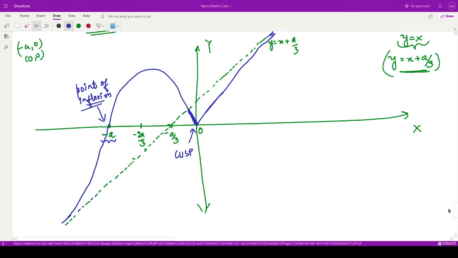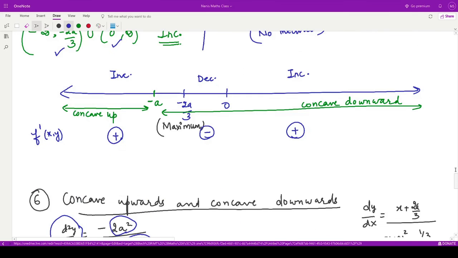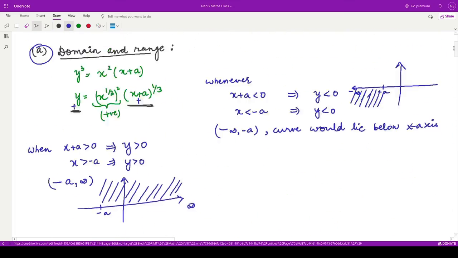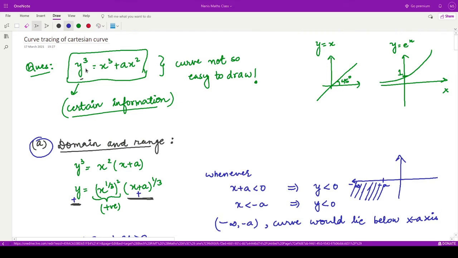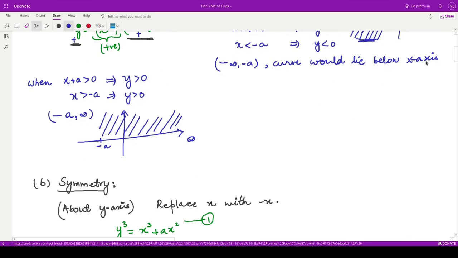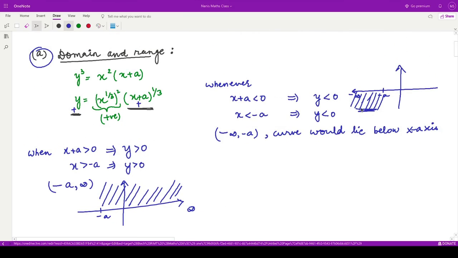So this is how, after getting so much information about the curve through various tools and techniques, we were finally able to draw this particular curve. What we did is, we first saw the domain and range of this particular function. So accordingly, our function lies in this particular range, right?